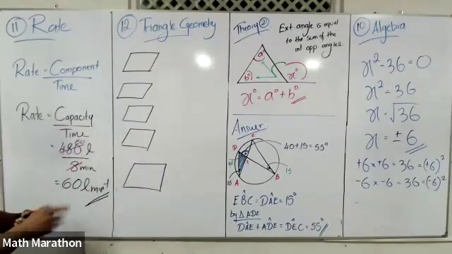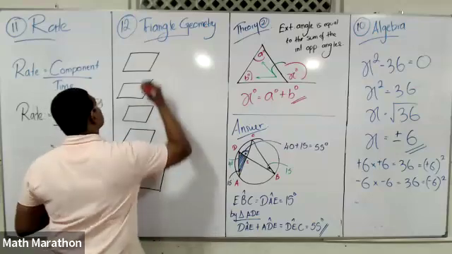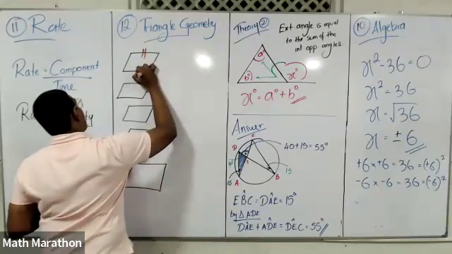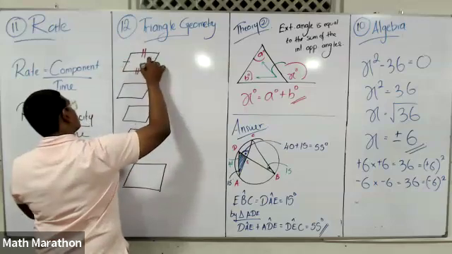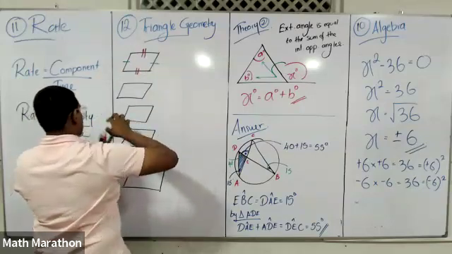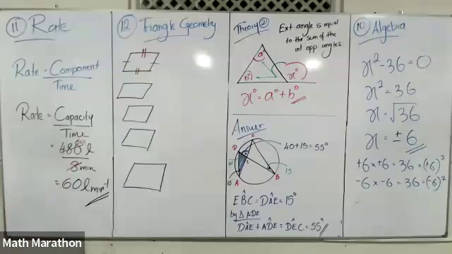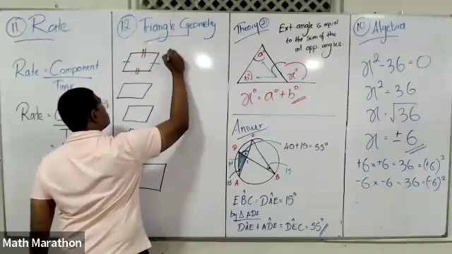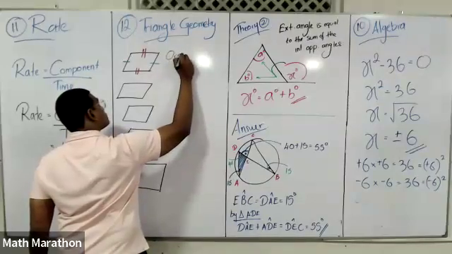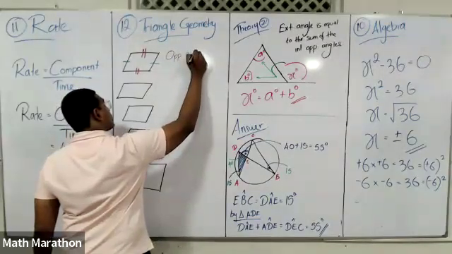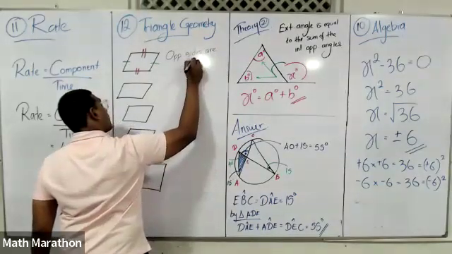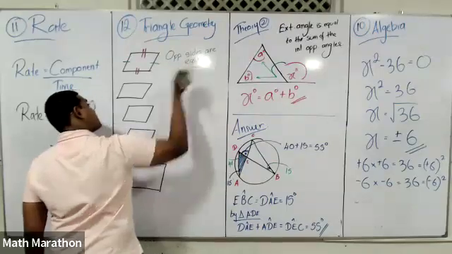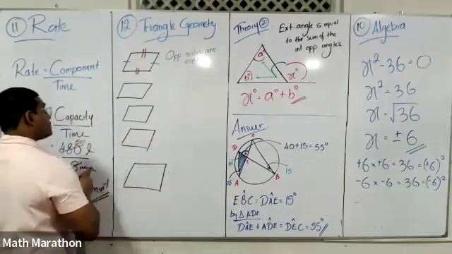Okay. Property number 1: the first, the opposite sides should be equal. That is the first property.